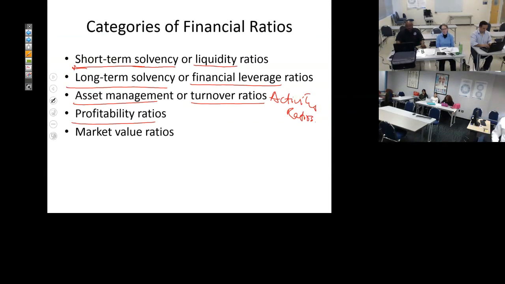So the point is that when we talk about long-term solvency, what we mean by this is that the company has long-term borrowing. So it has borrowed from the bondholders, and it's a 10-year bond. So after 10 years, the company will have to repay to the bondholders the interest plus the face value of the bond as well. So these ratios will tell us whether the company may get into trouble when that time comes.